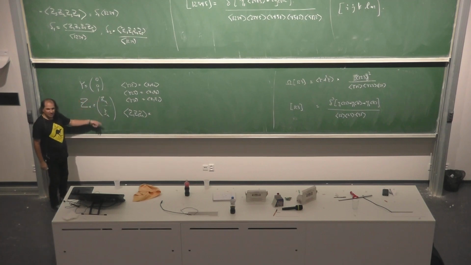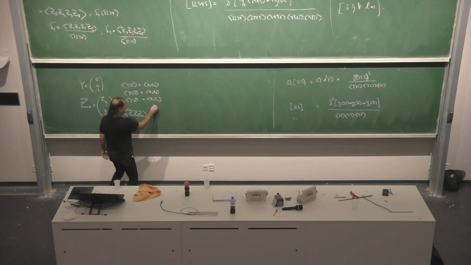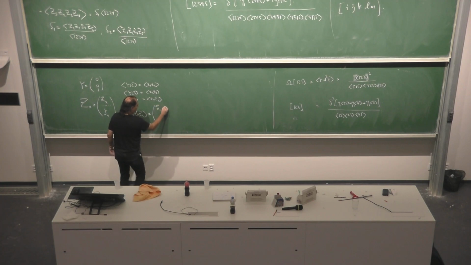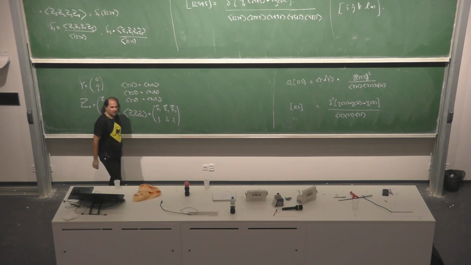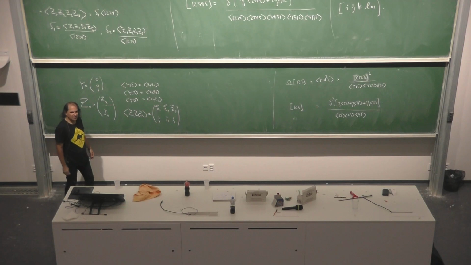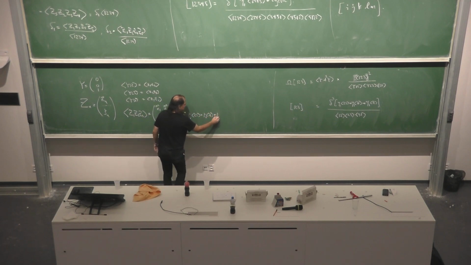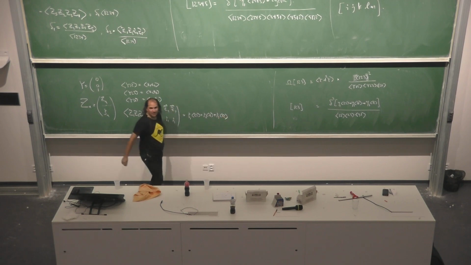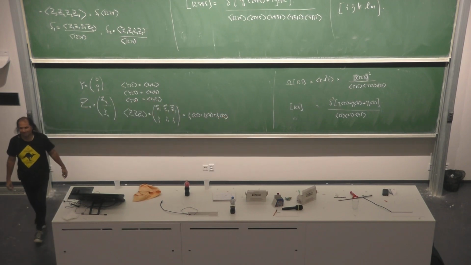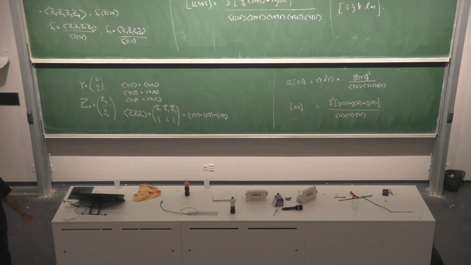That's this determinant, with rows z1, z2, z3 and xi1, xi2, xi3. So what is this determinant? It is equal to xi1⟨23⟩ plus xi2⟨31⟩ plus xi3⟨12⟩. That's just expanding the big determinant.